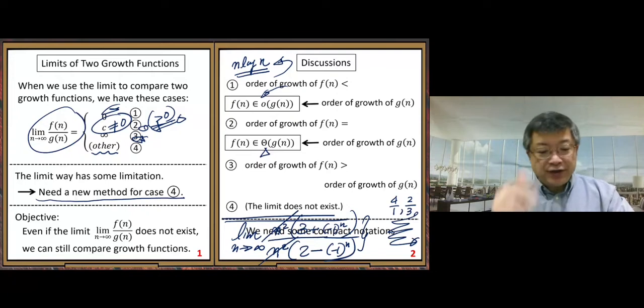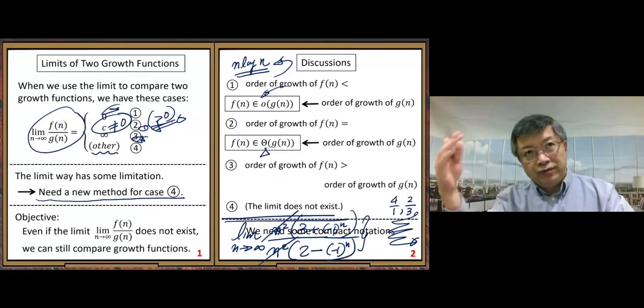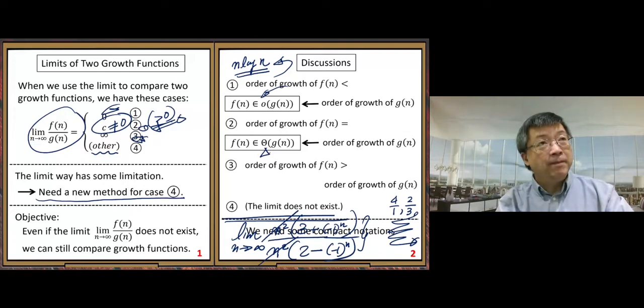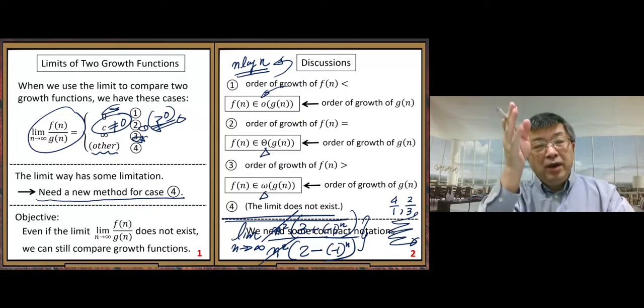The limit equals a non-zero positive constant c, but there is another case we will learn next slide for big theta. This one, little omega, the limit is infinity.